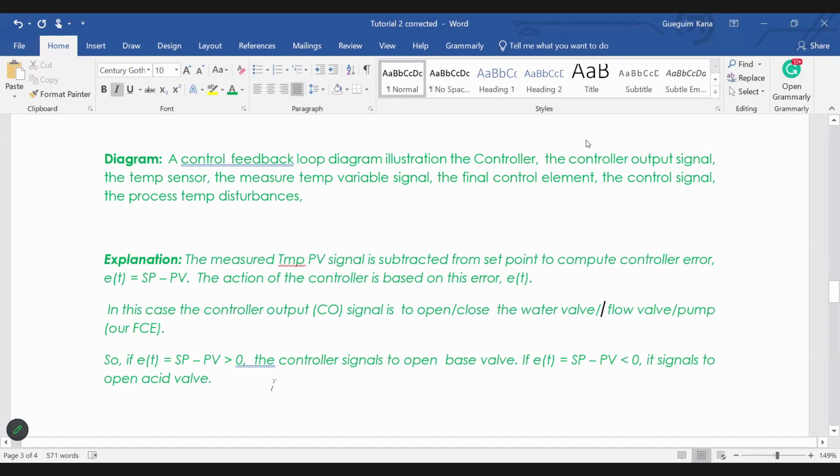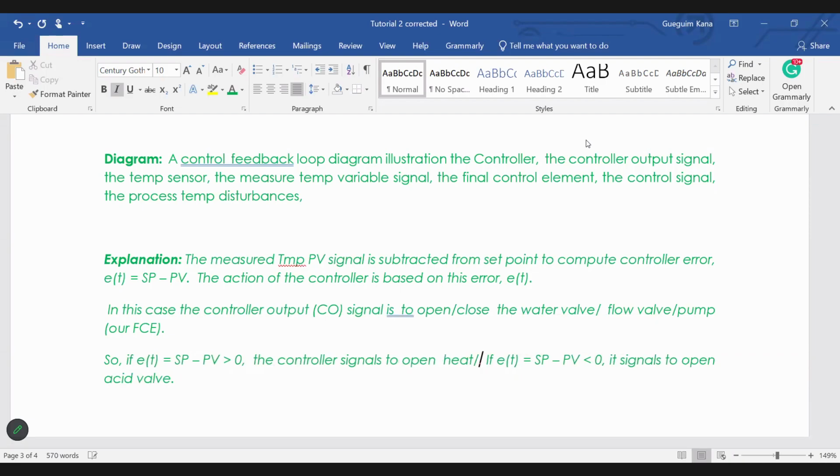In such a way that if the difference between the set point value and the measured process variable is high, the controller decides whether to heat the system or cool the system, depending on how it's configured.